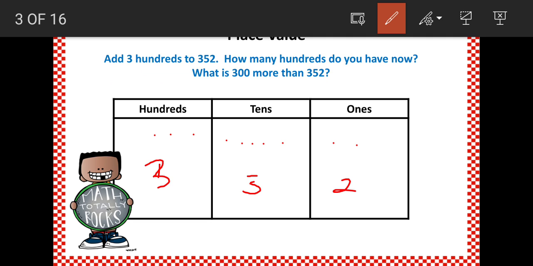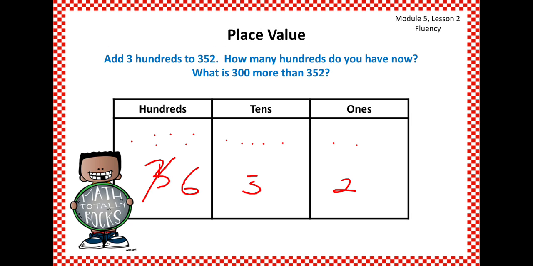We are adding 300: 1, 2, 3. Alright, we've added 3 more hundreds. Now, what is 300 more than 352? 300 more than 352 is 652.